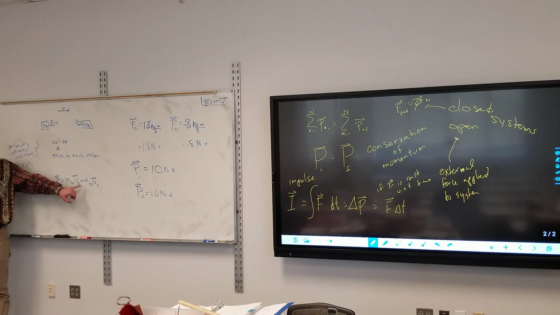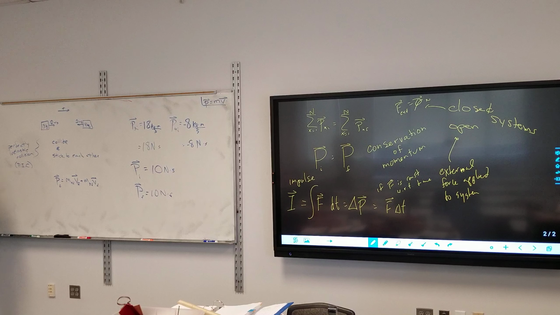Why do I have only the F subscript for the velocity? Well, we're worried about final momentum. There's something special about this case which allows me to just do V final: they stick to each other. If they're stuck together, they will be going the same velocity afterwards.